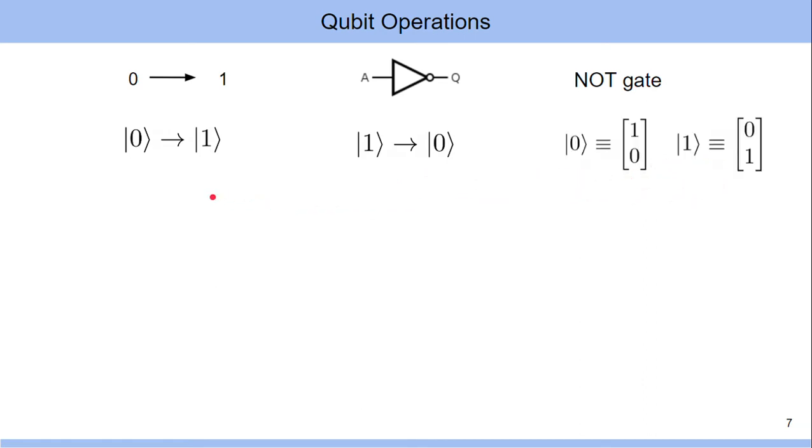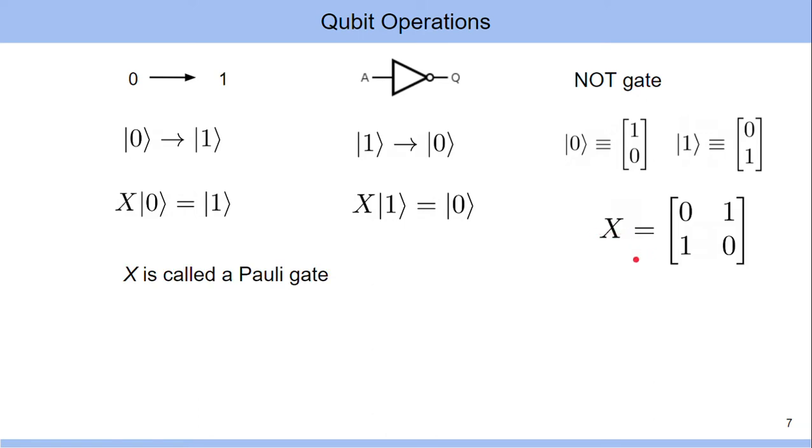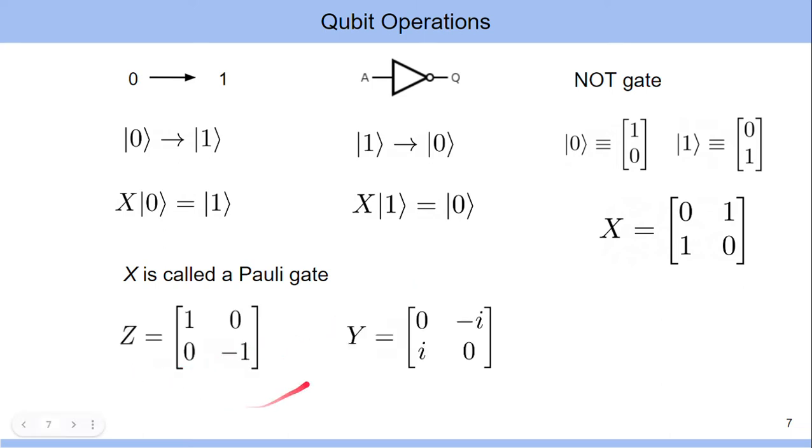To do this, one can define a quantum gate which will perform these necessary transformations, and the quantum gate is said to have the corresponding matrix form. This X is known as a Pauli gate. This is similar to changing the direction of a vector by applying a linear operation on it. Z and Y are other such Pauli gates which perform similar operations.